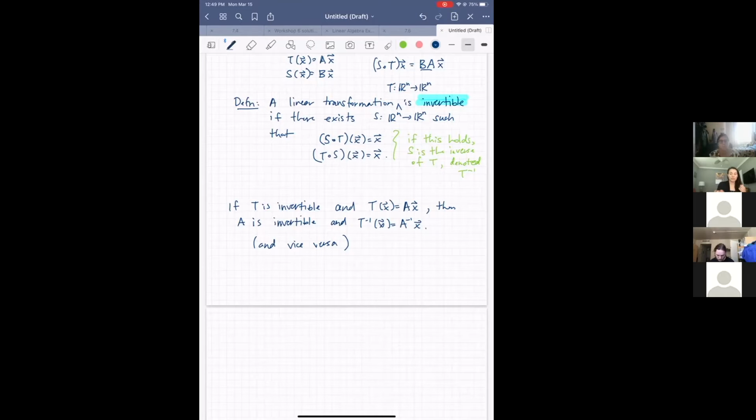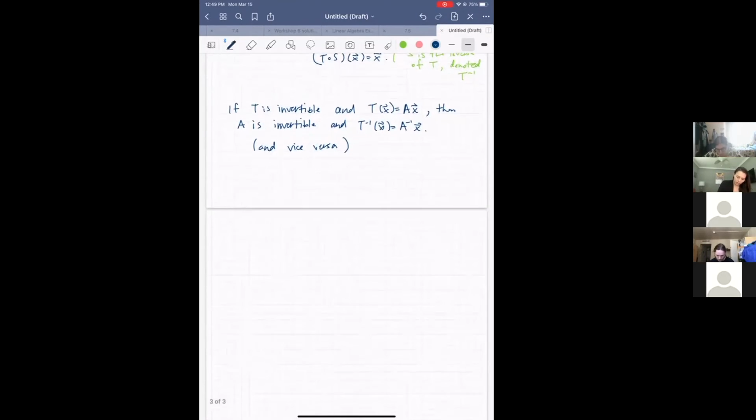Okay, so let's do an example. Consider a transformation T from R3 to R3 given by T of X equals A times X, where our matrix A will be the following.